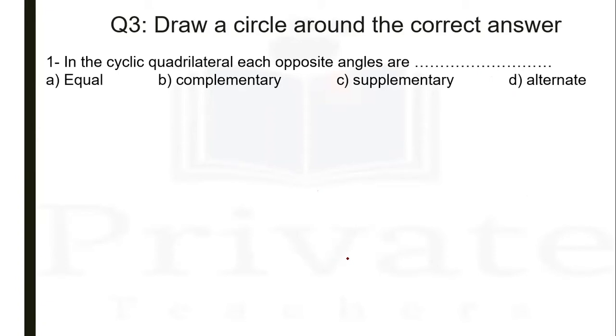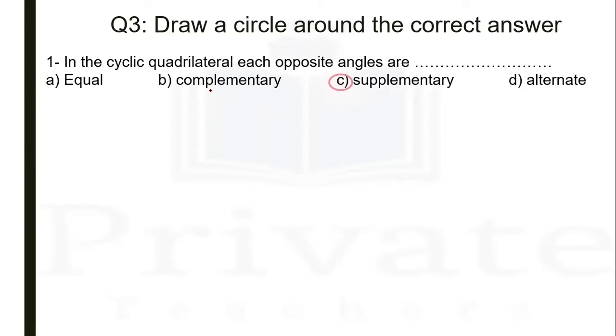Here, the first one: in the cyclic quadrilateral, opposite angles are supplementary. Supplementary means the sum of them is equal to 180.